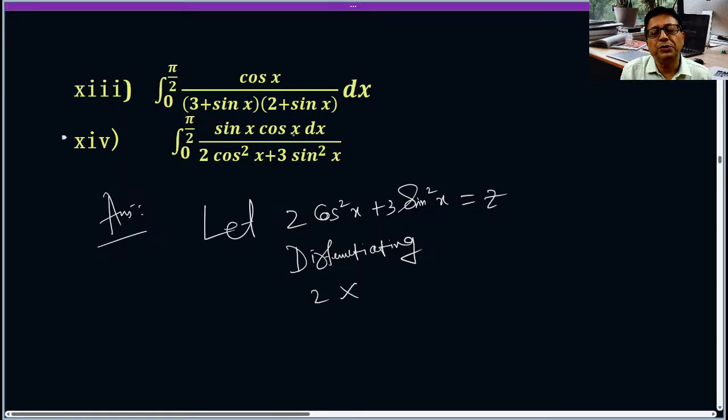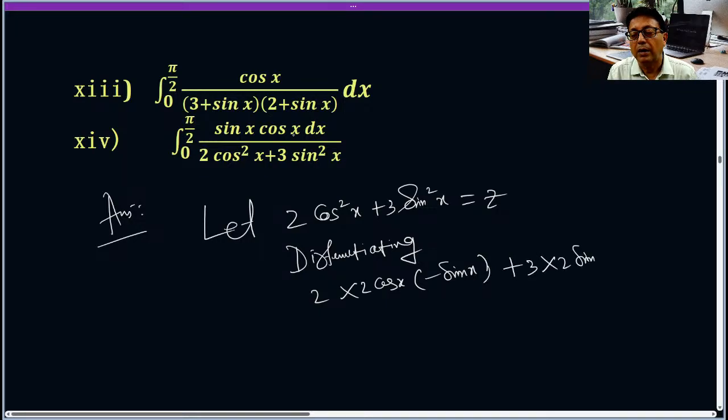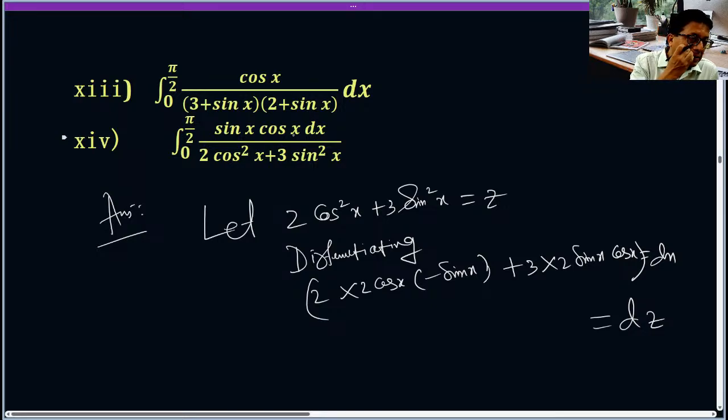What do you get? 2 into 2 cos x into minus sin x plus 3 into 2 sin x multiplied by cos x dx equal to dz. You understand? It's okay?